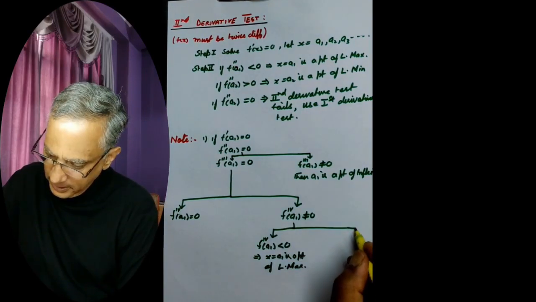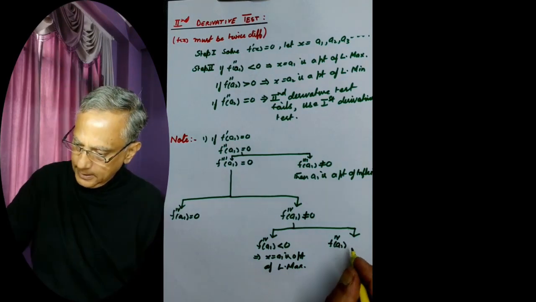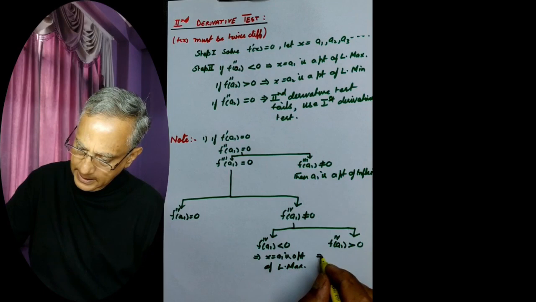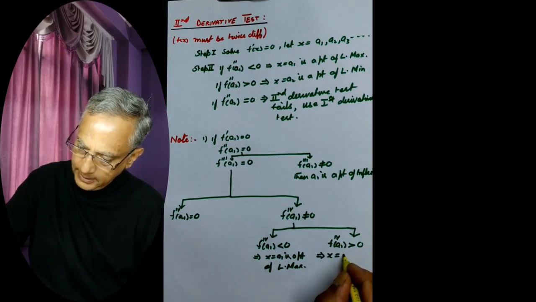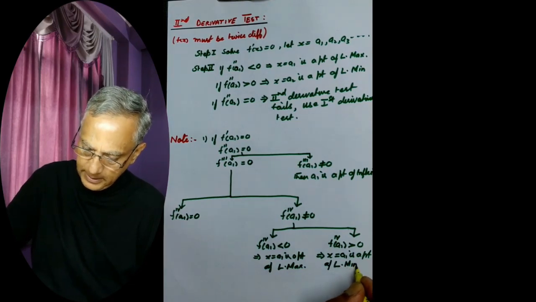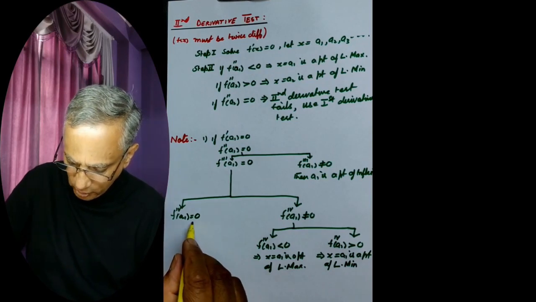And if the fourth derivative at a1 is greater than 0, then this will imply x equal to a1 is a point of local minimum. And if this is 0, we will find the fifth order derivative.